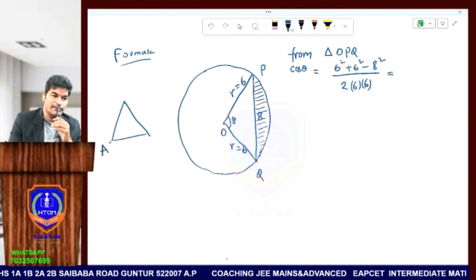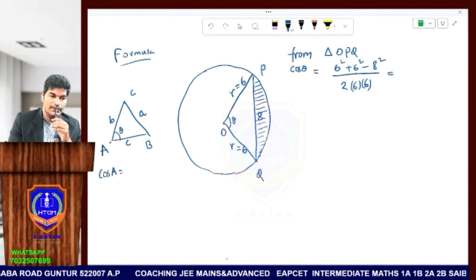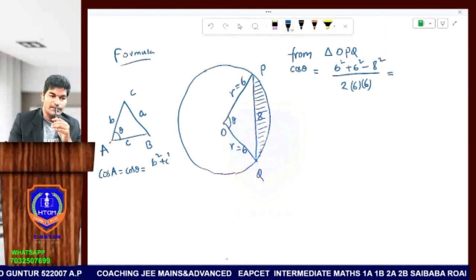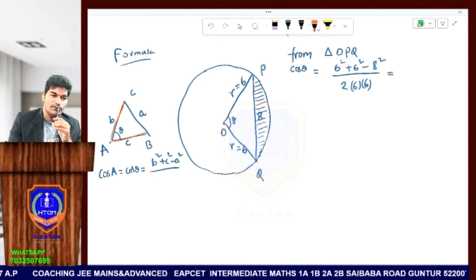Suppose this is a triangle ABC, and the opposite side is A, this side is B and this side is C. If this angle is theta, say it is cos A or cos theta, whatever it is. The formula for cos A is B square plus C square minus A square, divided by 2BC. B and C are the adjacent sides of that angle, so those two are added.